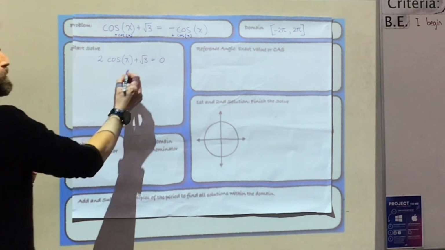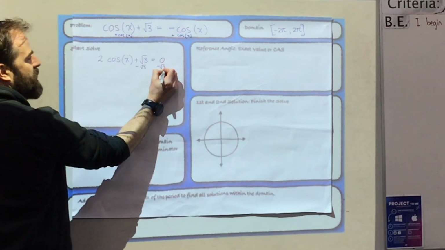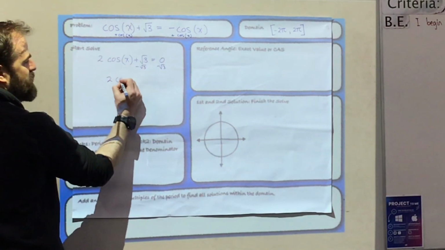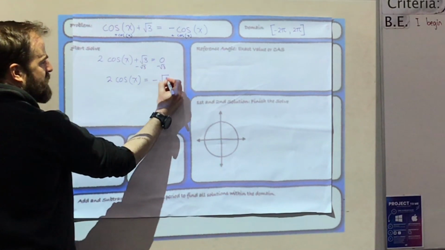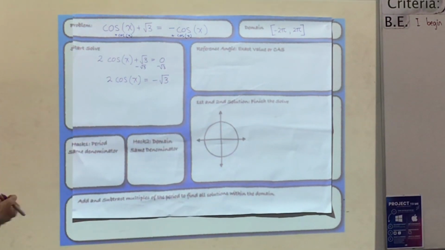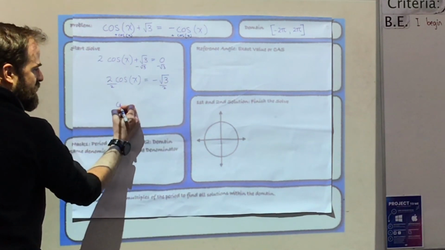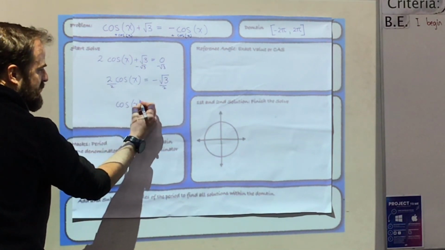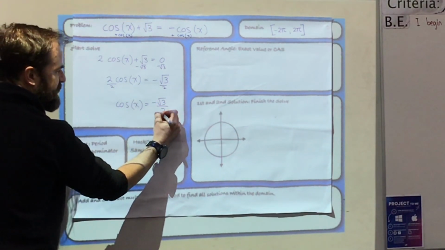Next, I'm going to subtract root 3 from both sides, which gives me 2 cos x equals negative root 3, and then divide both sides by 2. Cos x equals negative root 3 over 2.